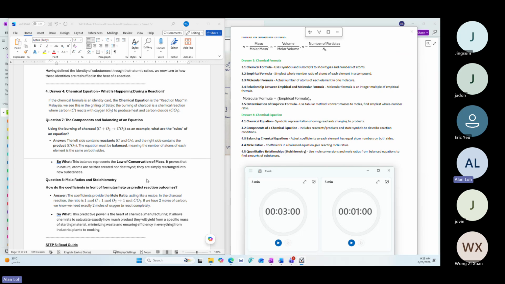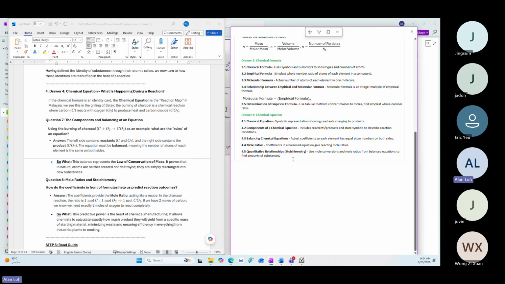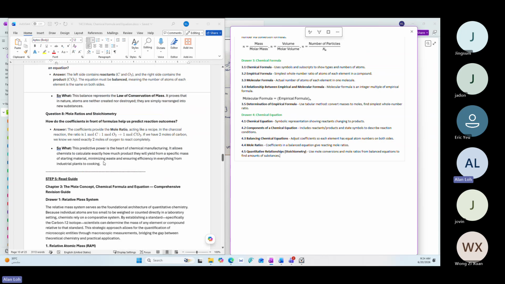We are done with step 4. So your understanding level should increase to level 4 for all the drawers right now. Before we do the review of drawer 2, step 2, let's continue.